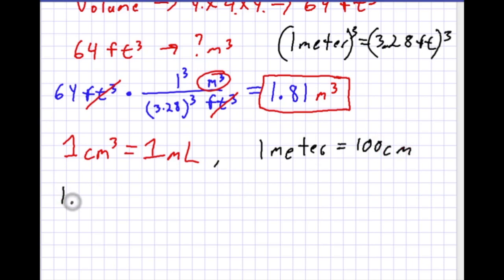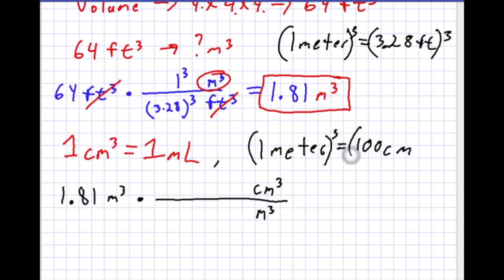So if I write that down here, 1.81 cubic meters times, well again, I have cubic meters on the top here, I need cubic meters on the bottom here, which means I need cubic centimeters on the top here. But I have just meters and just centimeters. So I need to cube everything just like I did before. That's going to give me 100 cubed over 1 cubed.